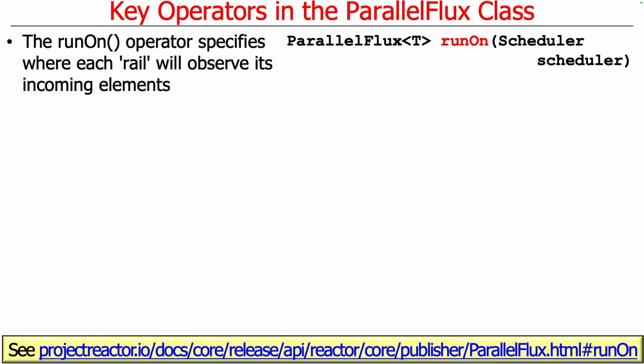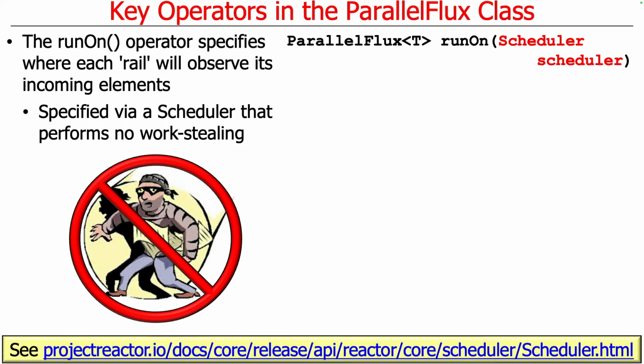You need to make sure you first call the runOn operator to specify where each of the rails will be used to observe the incoming elements. And runOn, as you can see here, takes a scheduler. So you have to give it a scheduler, and because it's done in round-robin fashion, there is no way to do work stealing.